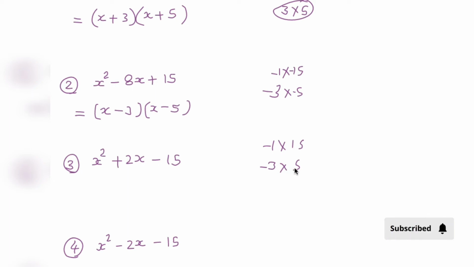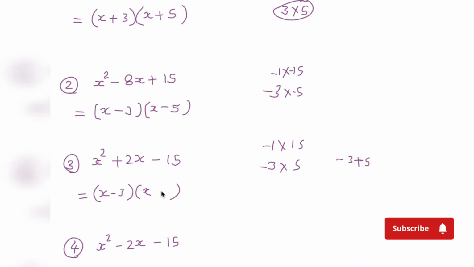So negative 3 multiplied by 5 is negative 15, and when we add negative 3 and positive 5, we get positive 2, because with different signs we subtract and take the sign of the larger number, so that's why this is positive. Here we can write the direct answer: two brackets, x, x, negative 3, positive 5.